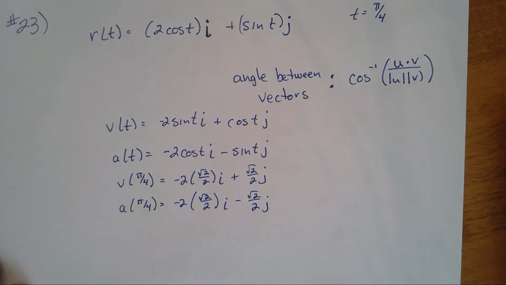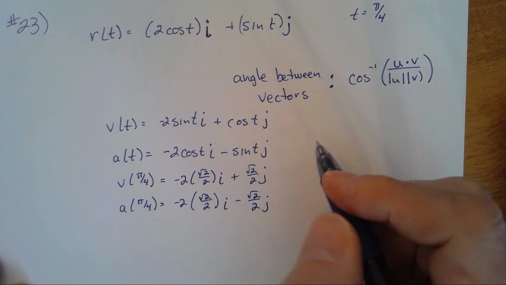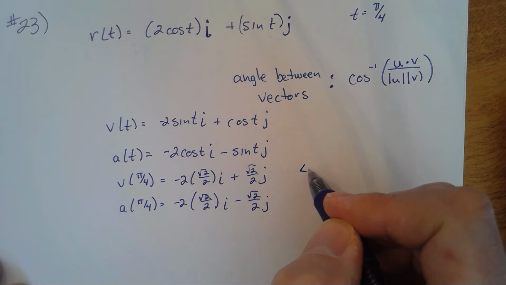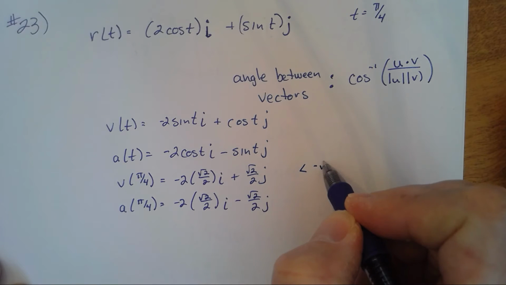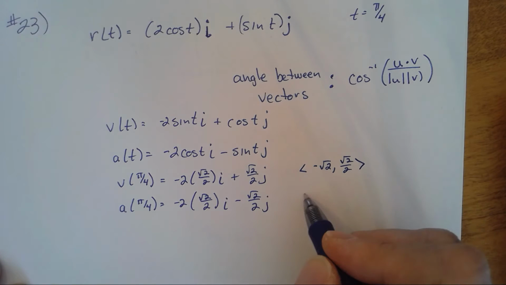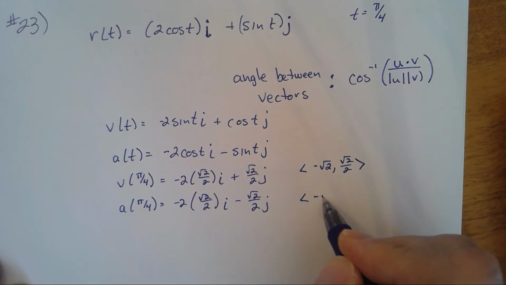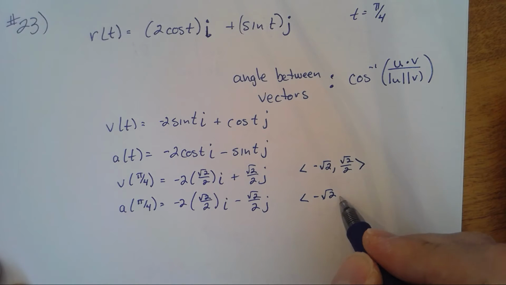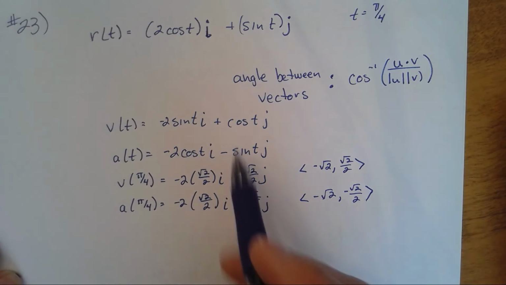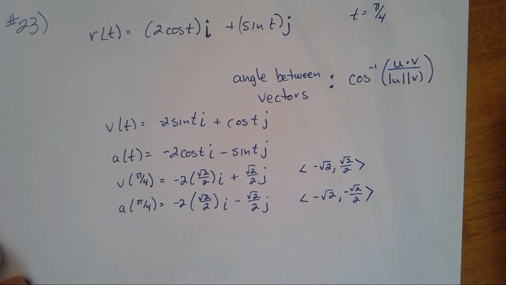Alright, so in component form, our velocity would be negative square root of 2 comma square root of 2 over 2, and our acceleration would be negative square root of 2 comma negative square root of 2 over 2. I hope I got all those sines and cosines straight when I plugged in pi over 4.